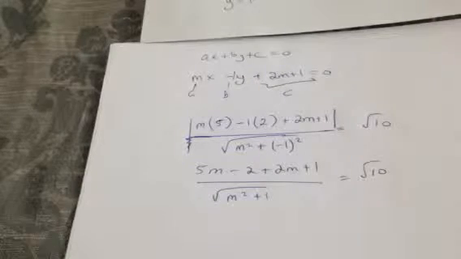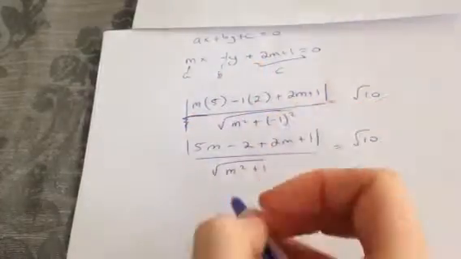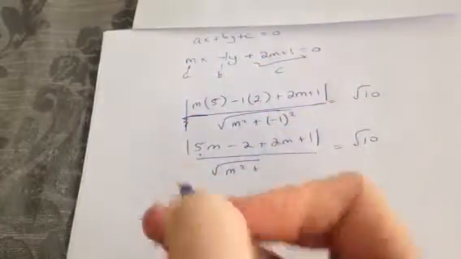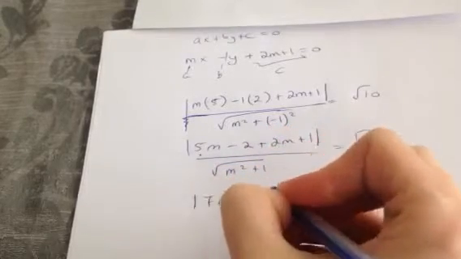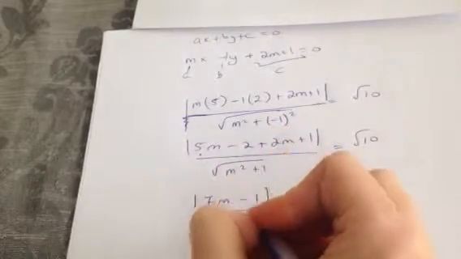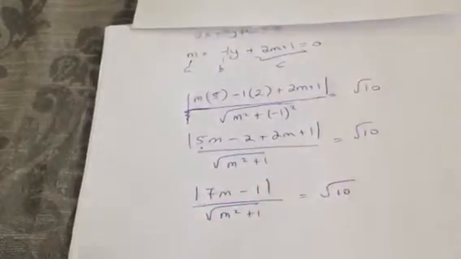I can square both sides in order to get rid of the roots. So I might just clean this up a little bit further. That's 7m minus 1 all over the square root of m squared plus 1 is equal to root 10.